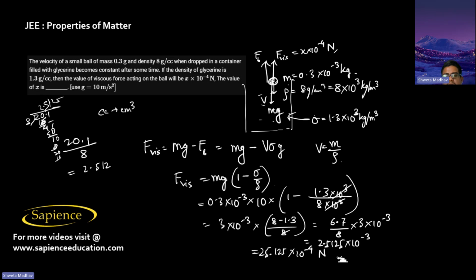So it is approximately, I can write 25 into 10 power minus 4 Newton. So the value of x will be 25. So 25 is the answer.